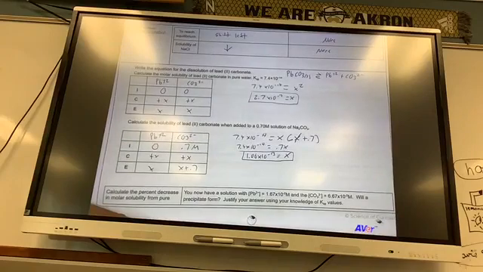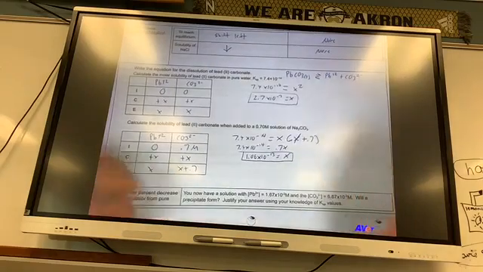Calculate the percent decrease in molar solubility from pure water to Na2CO3. Okay, well, that's silly. I guess we're going to do, I don't know, the big one minus the small one. It's kind of like percent error, I guess.